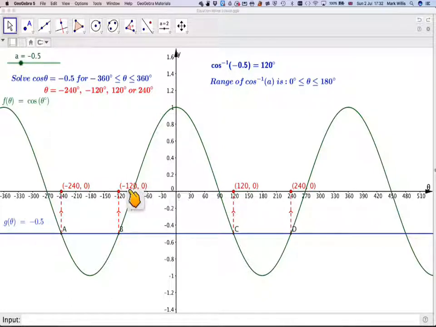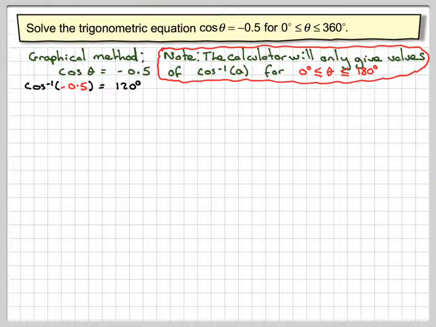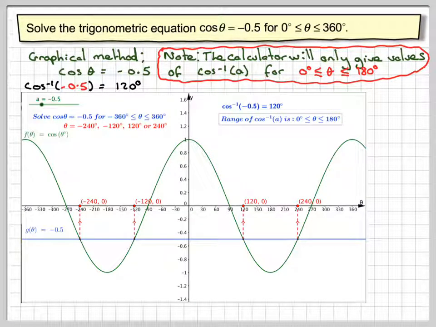You then go back to the same value, 120, but make it negative, and then add 360 to get 240 for the second solution. This is how this works. Okay, so there's a picture of the graph I just made.